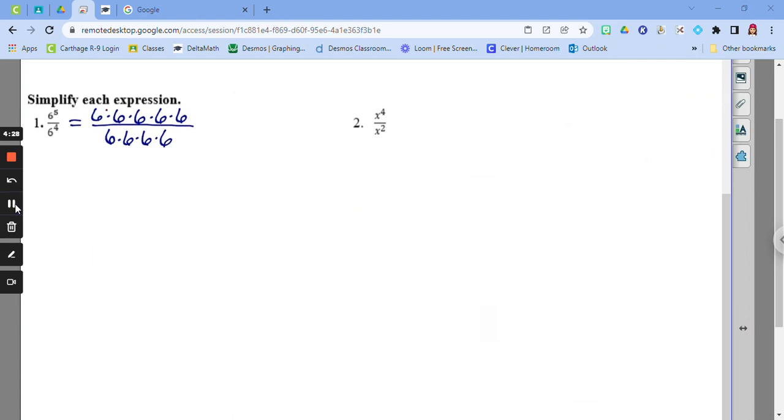So again, if I go through that pattern, crossing them out one at a time, I'm left with 1 6. Now, if I use my rule that says to subtract the exponents, 5 minus 4 equals 6 to the 1. And that's exactly what we have here, 1 6. Okay.